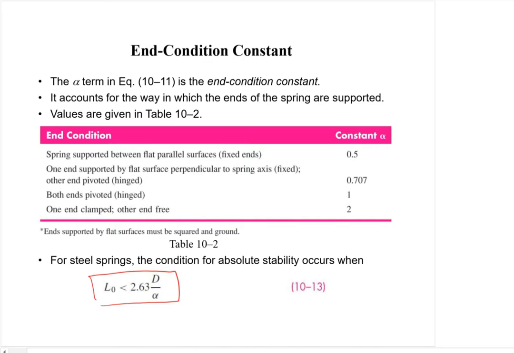So if you design the spring with a free length less than 2.63 d over alpha, so this is the free length, and this is a design condition for compression stability.